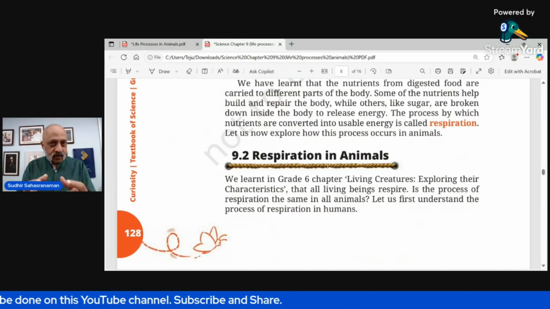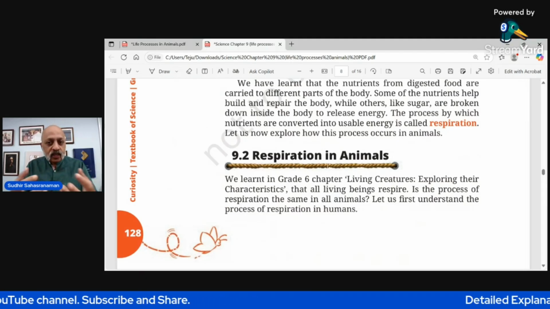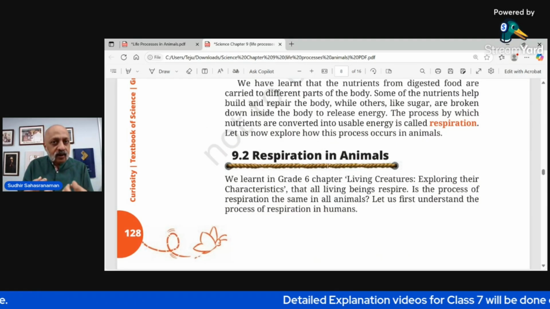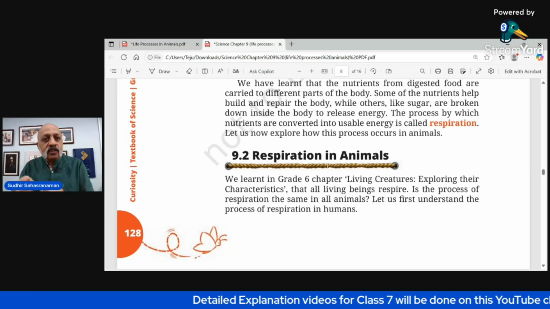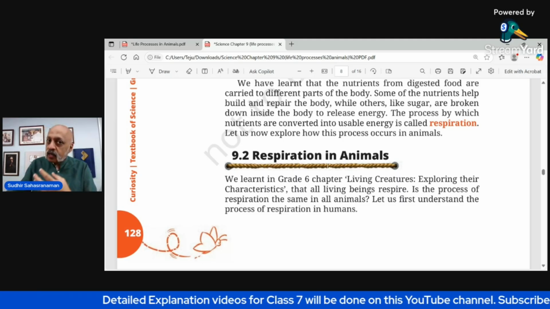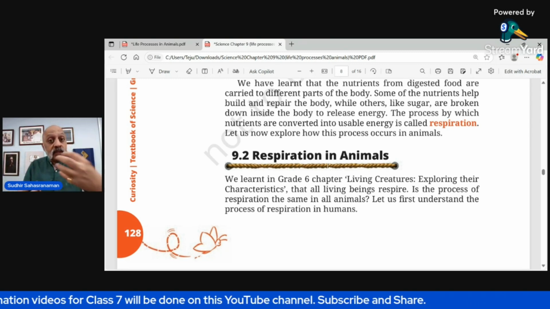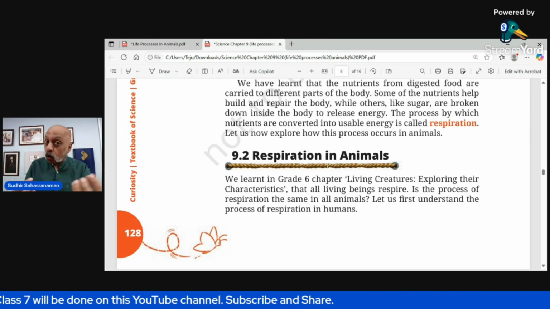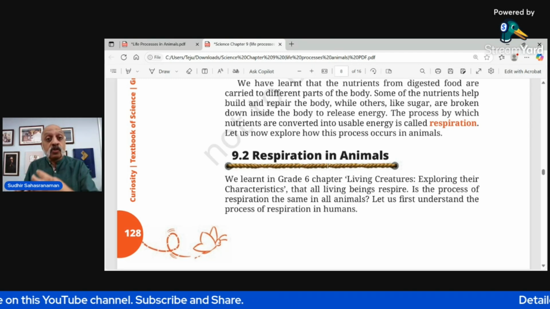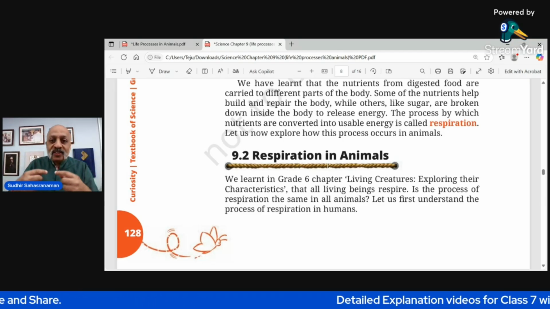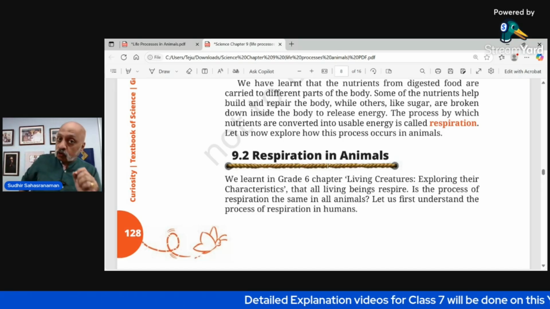We have learned in the first video that the nutrients from the digested food, whatever you are eating, whether you are eating, let's say, chapati with some sabzi, so whatever nutrients are there from the dal, from the atta, which is from the wheat, or gluten-free in terms of jowar, bajra, or ragi, all those nutrients are carried to different parts of the body.